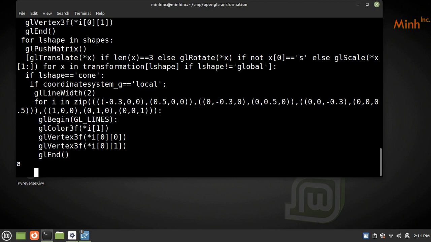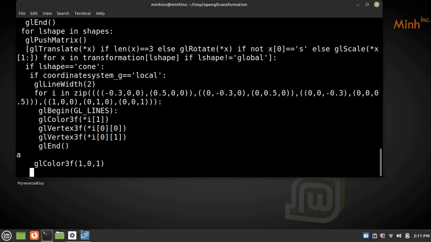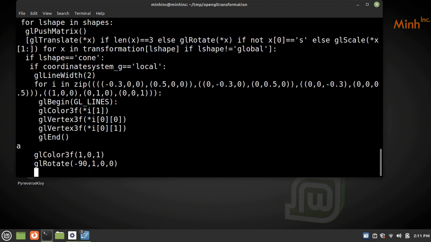So we'll say glColor3f, and color of the cone is purple, and glRotate minus 90, 0, 1, 0. So along x-axis we are rotating it so that it would look the way we want.